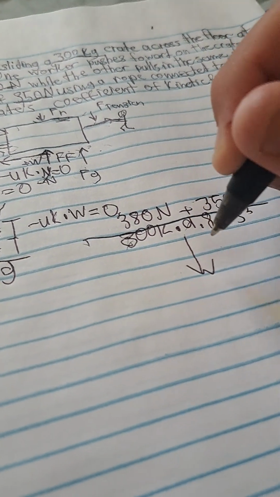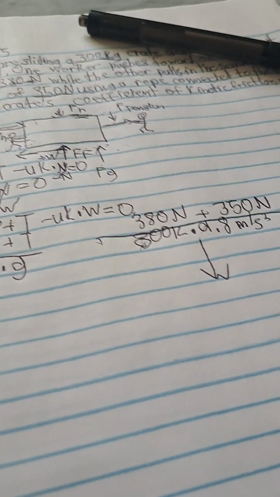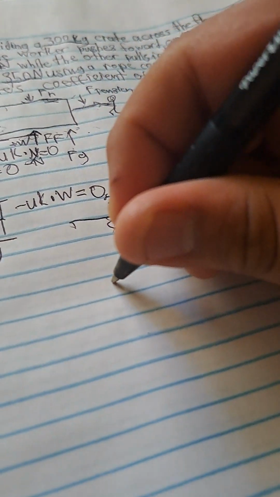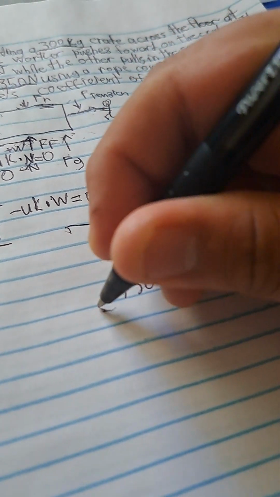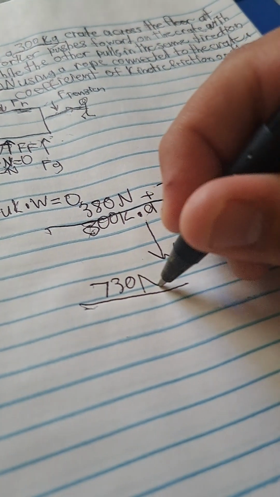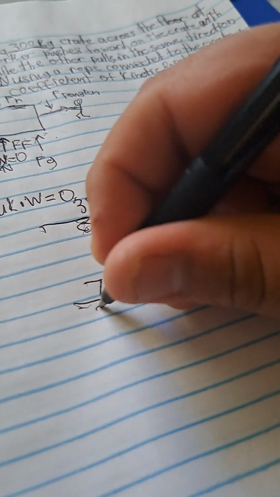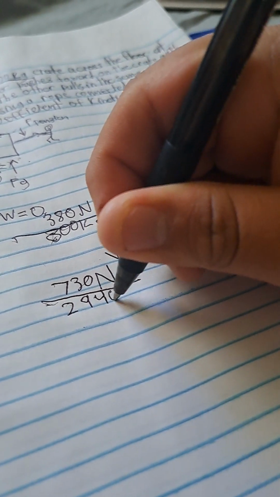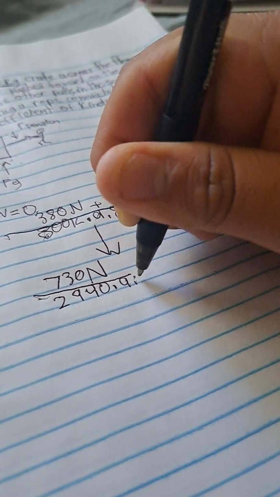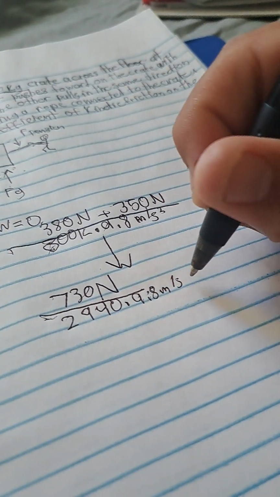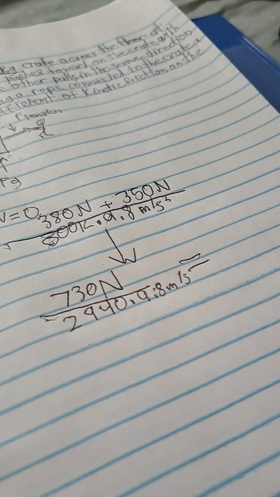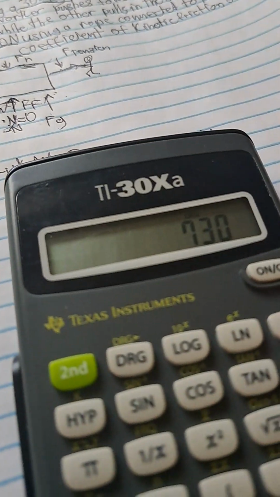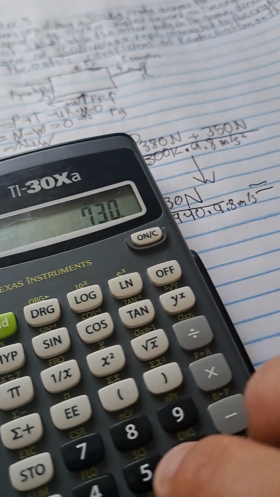Now we'll solve it. Calculating the top, it will be 730 newtons, that is the total force being exerted upon the box, divided by 300 kilograms times 9.8 meters per second squared.